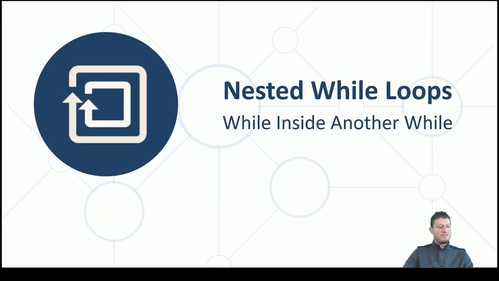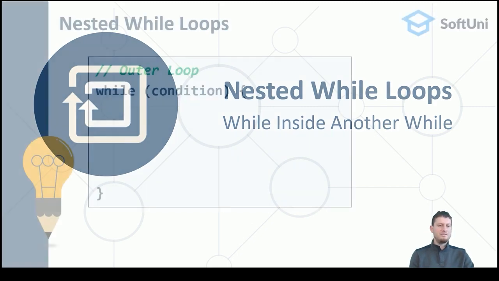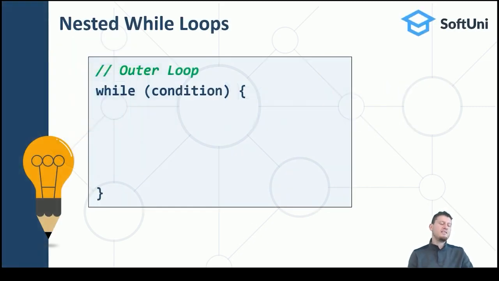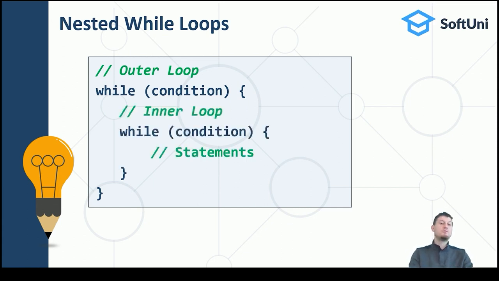So let's say a few words about nested while loops. It's very similar. Like we can have a for loop inside another for loop, we may have a while loop inside another while loop. This is how it looks as a concept. We have an outer loop. While something is true, please repeat. Inside, while some other condition is true, repeat. And we execute some statements here.